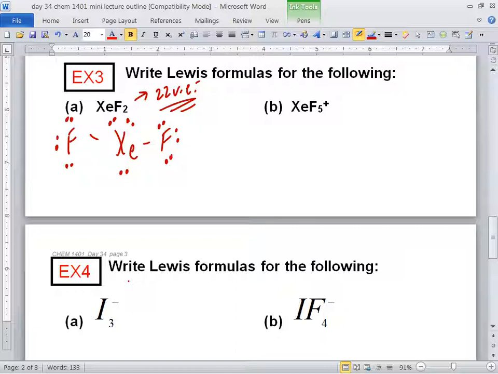Then it's plus. So there you go. If it's plus, that means it doesn't have enough electrons. So you don't add here, you subtract.